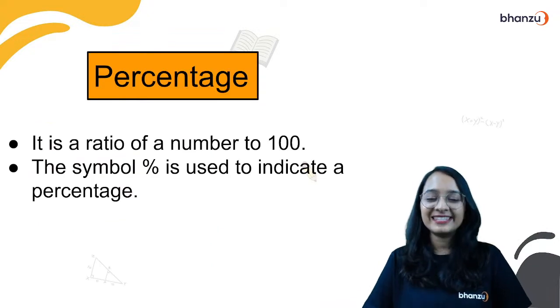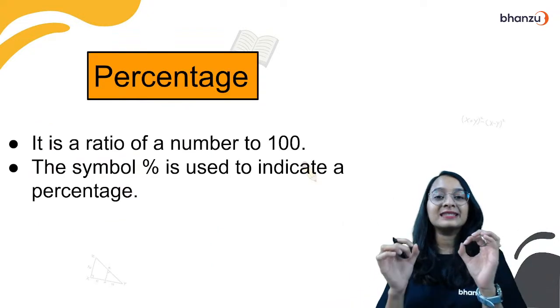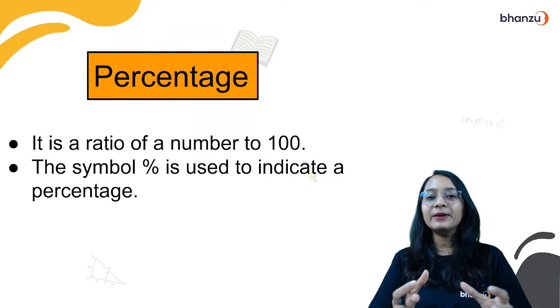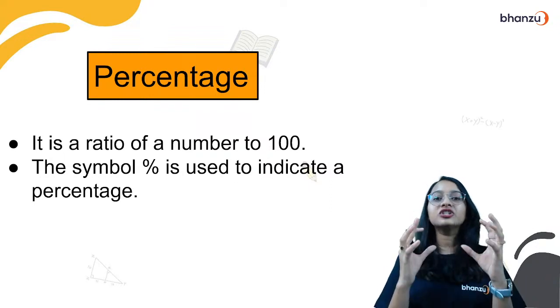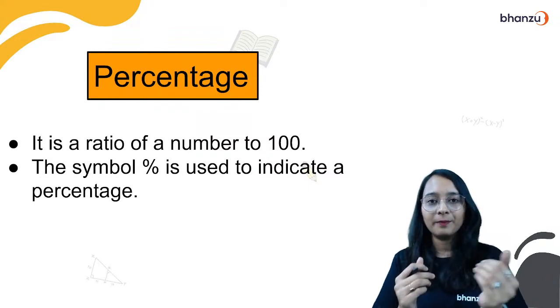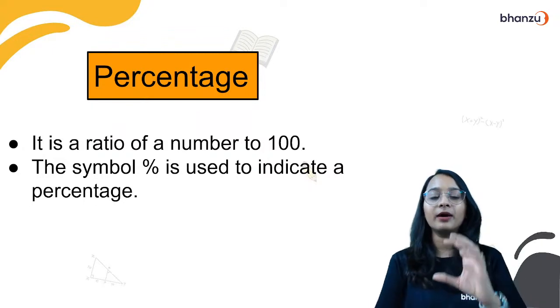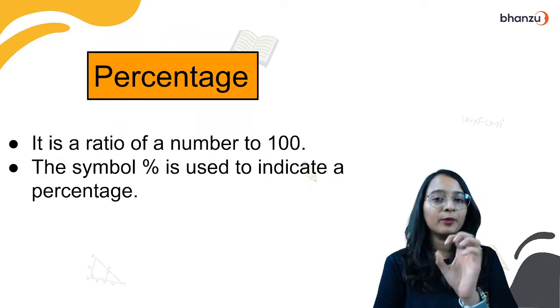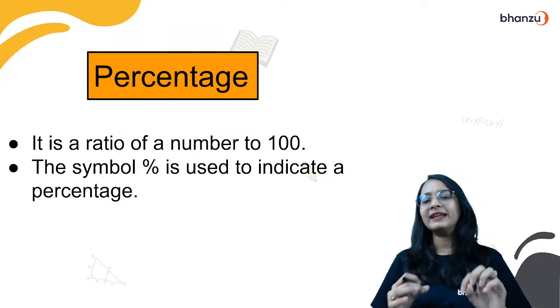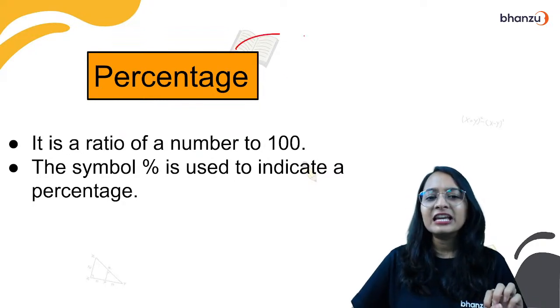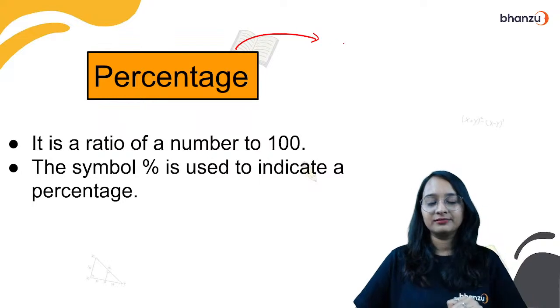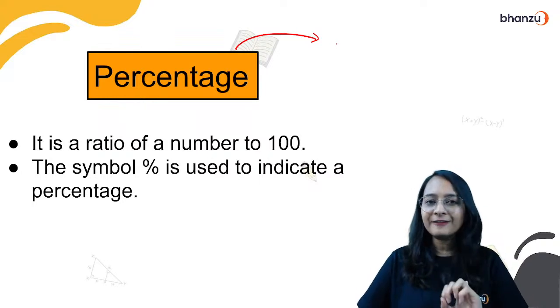So let us get started with the first topic, which is percentage. Under comparing quantities, the major chunk of marks comes under this topic of percentage. Now let me tell you a very interesting fact. Percentage is also a fraction. Why am I saying that? What is a fraction?